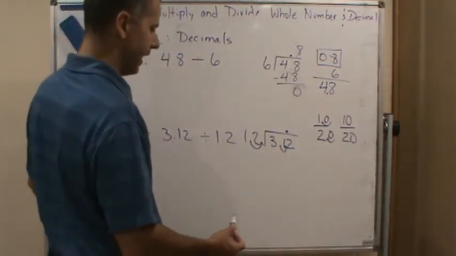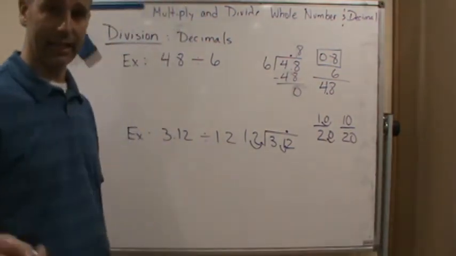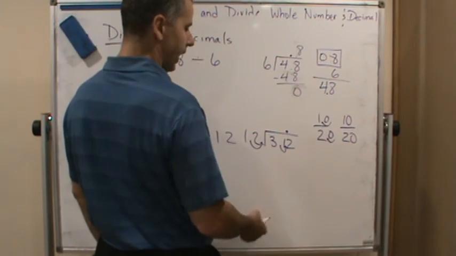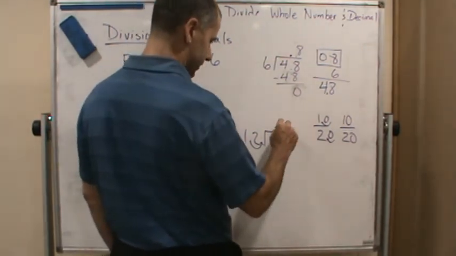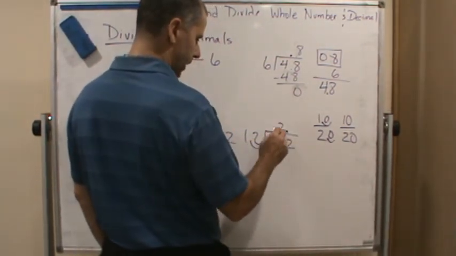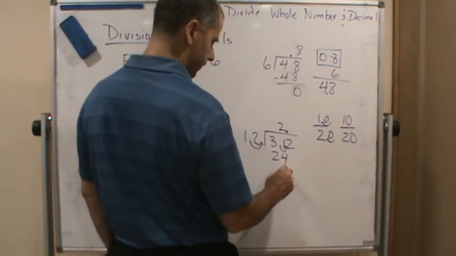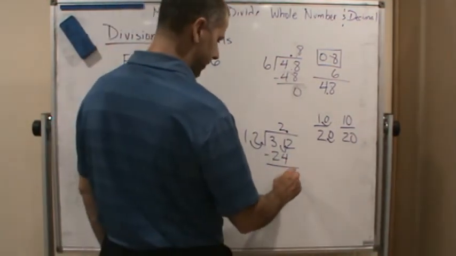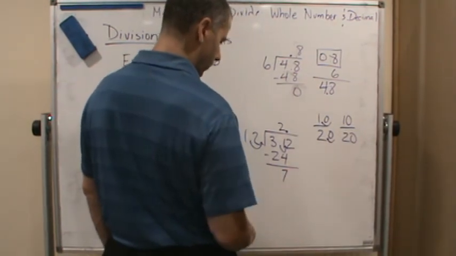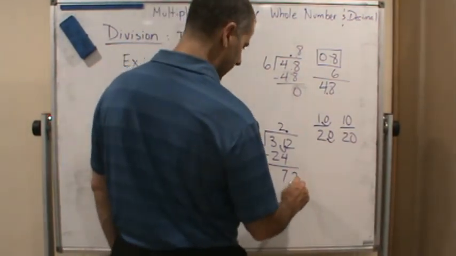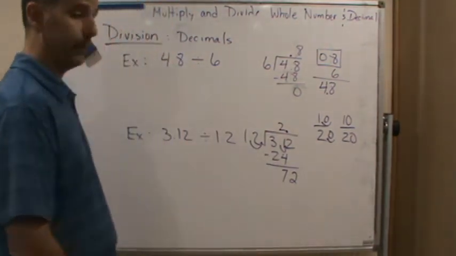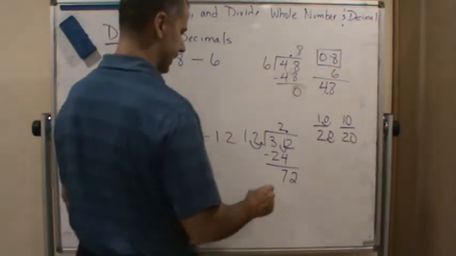So now that we've done that, we divide as if they're whole numbers. So 12 goes into 31, how many times? Twice. 12 times 2 is 24. And then we subtract, and we get 7. And then we drop the 2 down, and then 12 goes into 72 how many times? 6.